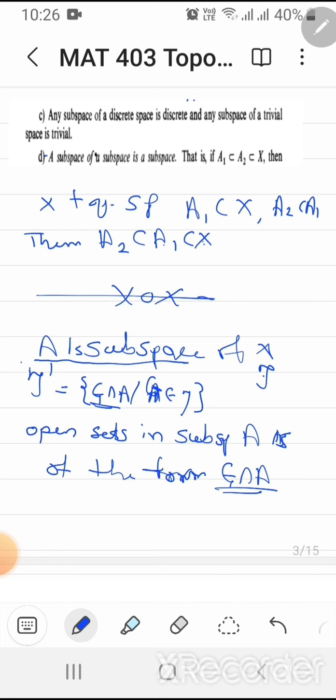By using this result, that elements of A are in the form G intersection A, we take one theorem.